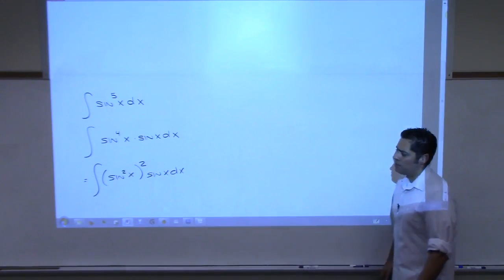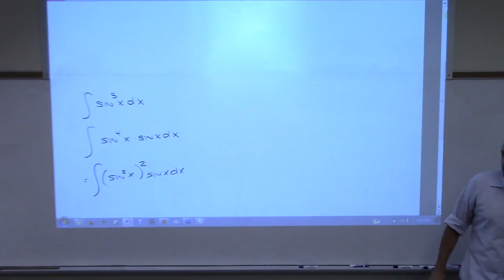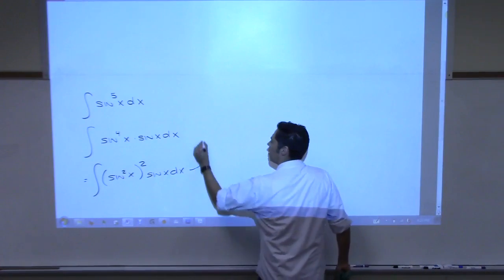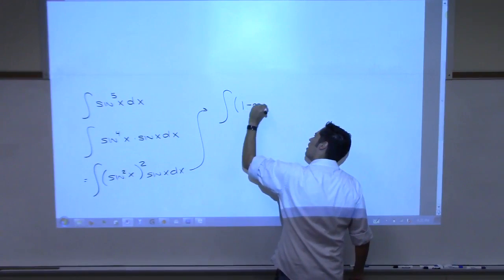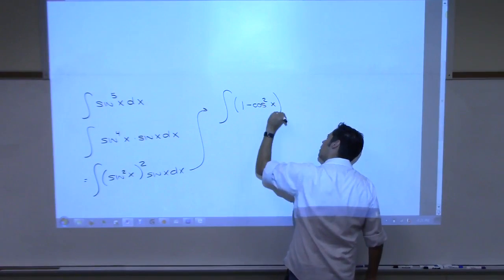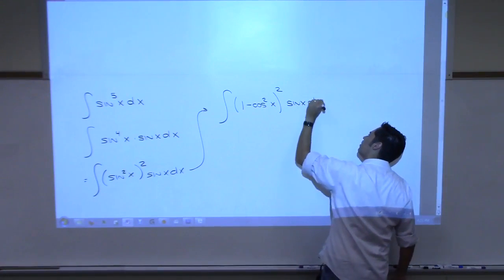And now I'm going to turn the original sine squared that's in that parentheses into the 1 minus cosine squared. And then I'll say squared. So integral 1 minus cosine squared x squared sine x dx.